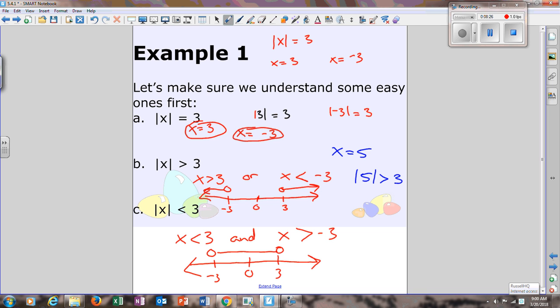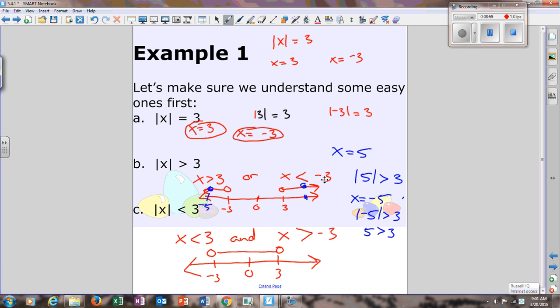Or, let's say we made it -5. When we plug that in, absolute value of -5, that's just going to give you 5. And 5 is greater than 3. So 5 would be the number that we chose first. That falls up here on the line. And -5 was the second number that we chose. So this is a true statement that x is greater than 3 or x is less than -3.